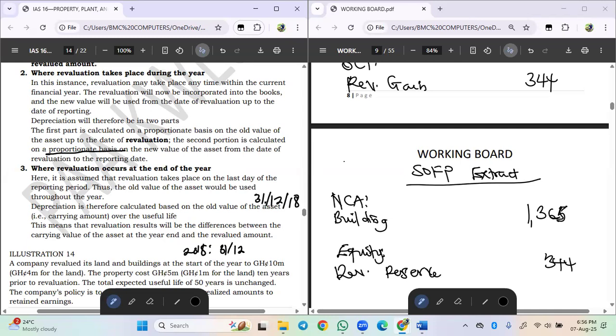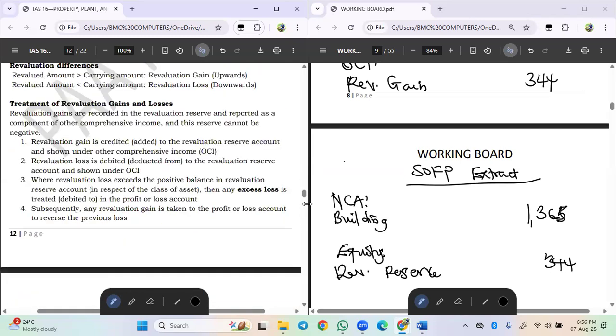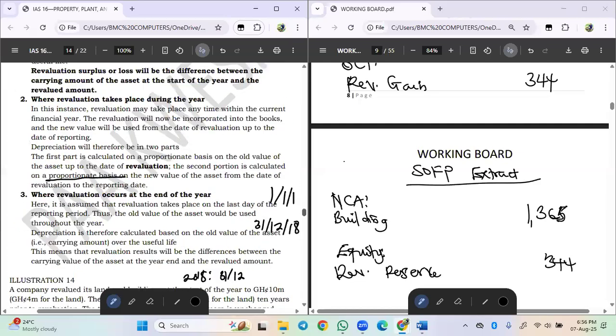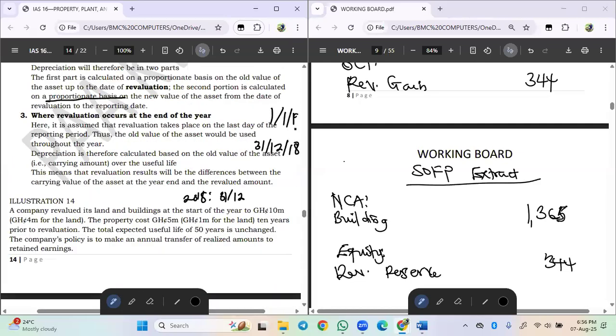You calculate your carrying amount as at that date, and this same date can be carried forward to 1st January 2019, because the closing balance of 2018 becomes the opening balance of 2019.